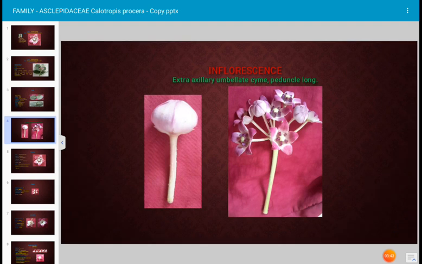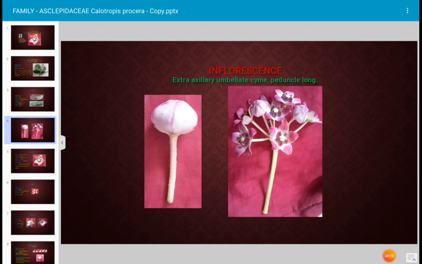This is the inflorescence, the flowering shoot of the plant. Inflorescence in Calotropis procera is extra-axillary umbellate cyme. What is umbellate inflorescence? In this case, the primary axis of inflorescence is comparatively short and it bears a group of flowers at its tip which possess pedicels.